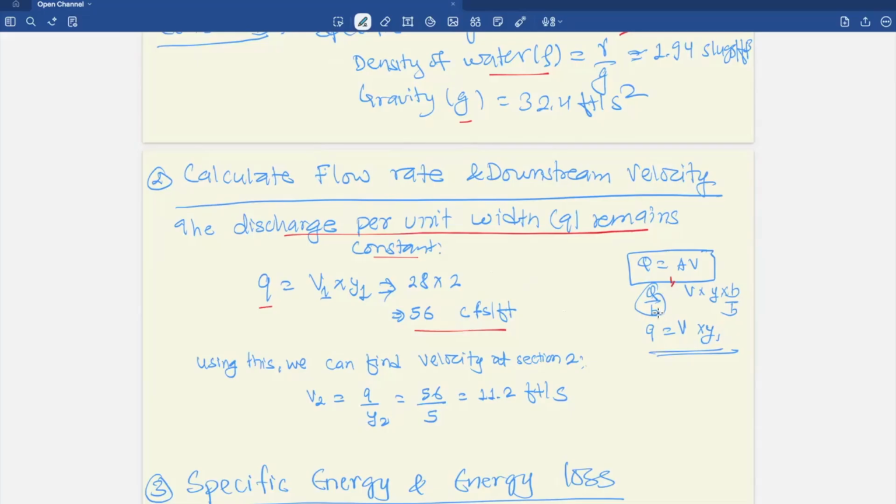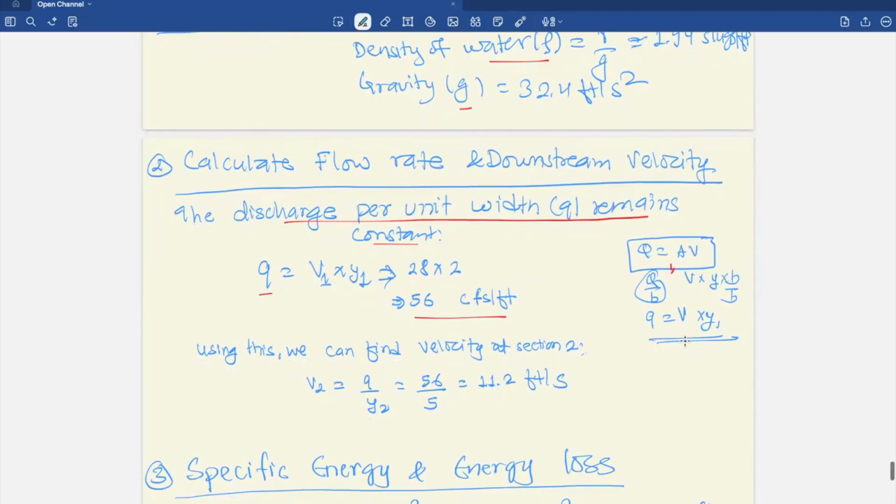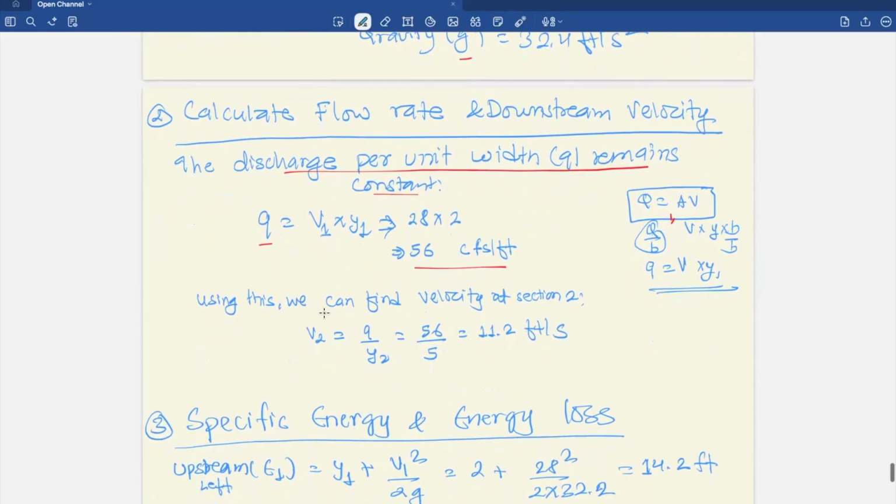I just divide by B and I get discharge per unit width. And we can find velocity at section 2 as well. Since we know Q, V2 times Y2 will be equal to this 56, so that helps us determine velocity at section 2, which will be equal to 11.2 feet per second.